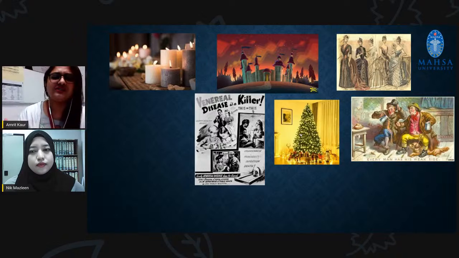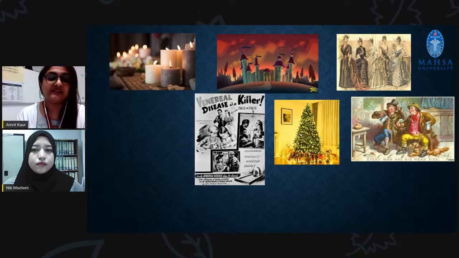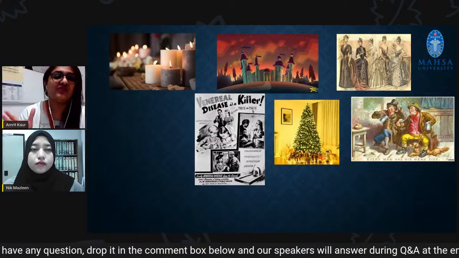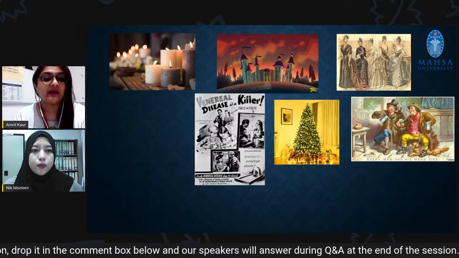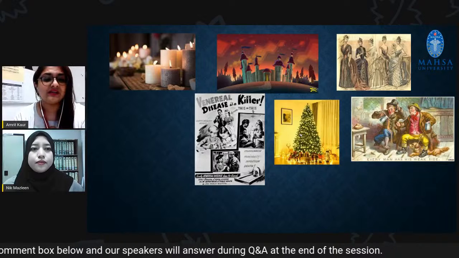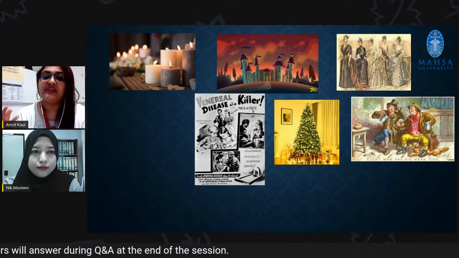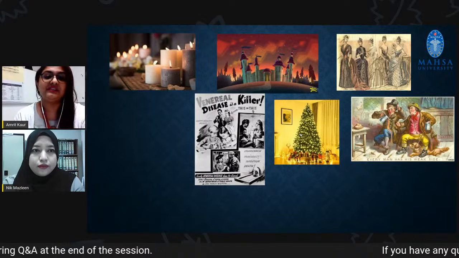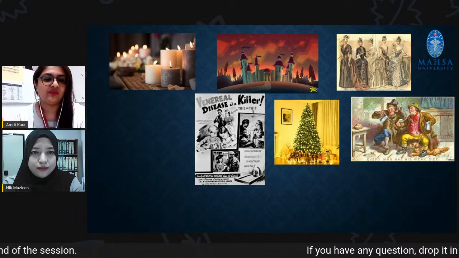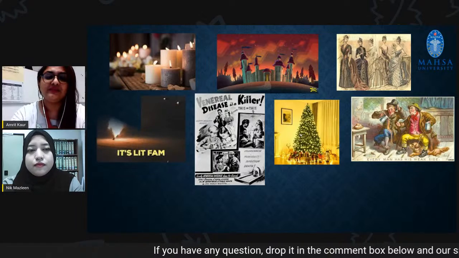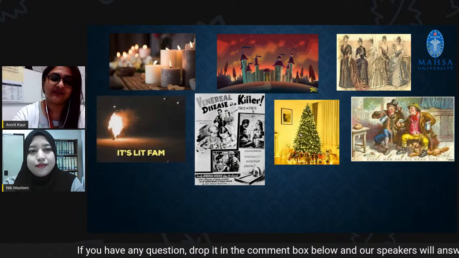In one of his writings, he mentioned the use of lit up. That was an Australian way of saying lit up when they actually meant infected with venereal disease. Whenever they described venereal disease, they said this person is lit up.